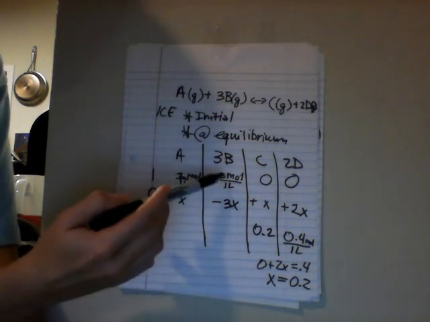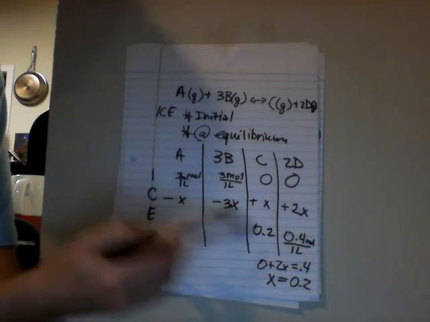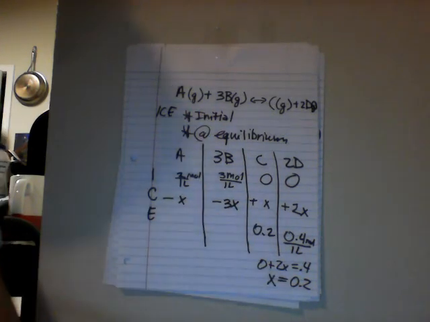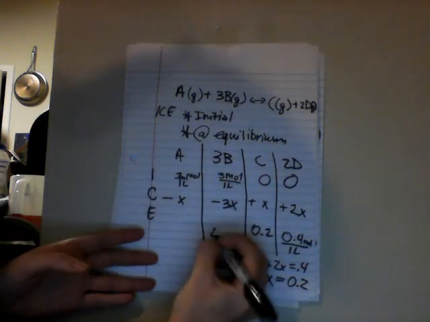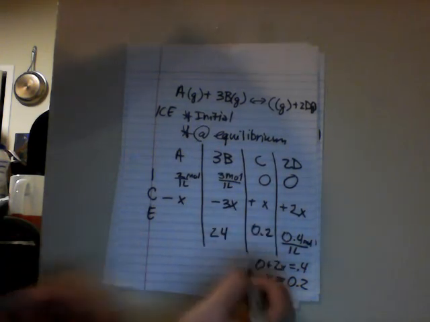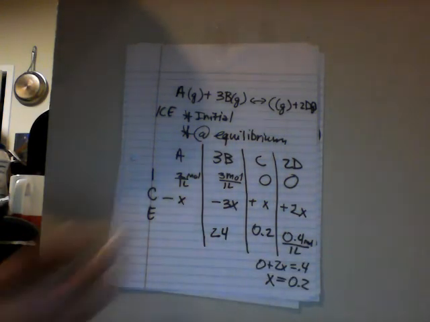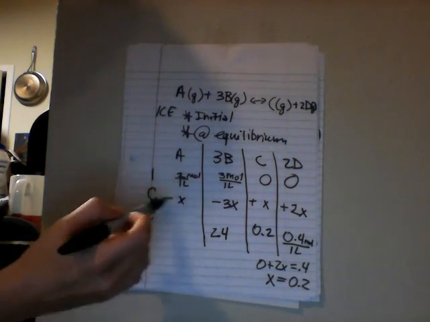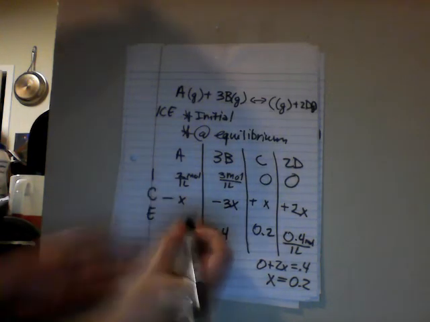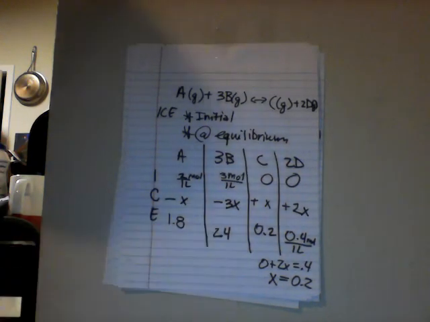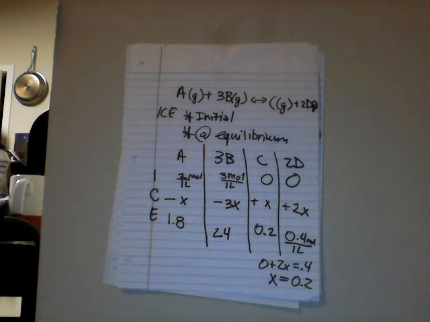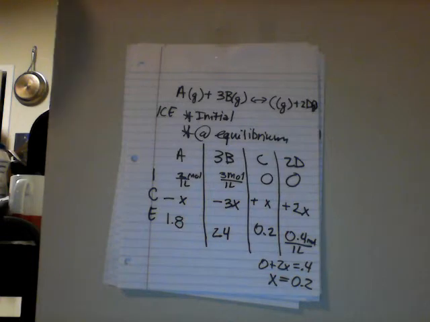In here, we're going to say 3 minus 3 times that 0.2 value because we found out what x was. And this is going to give me 2.4. And all of these are moles per liter or molarity. Now I can say this 2 minus 0.2, which would be 1.8 molarity. So when I have equilibrium concentrations, I can directly place equilibrium concentrations into the equilibrium expression.